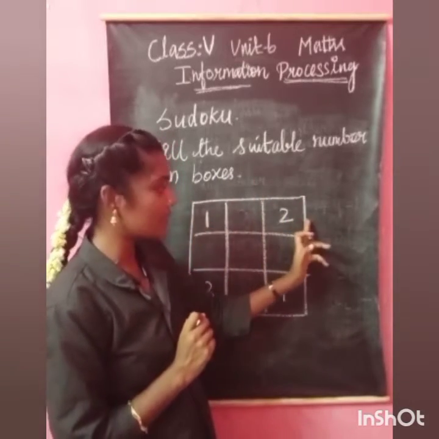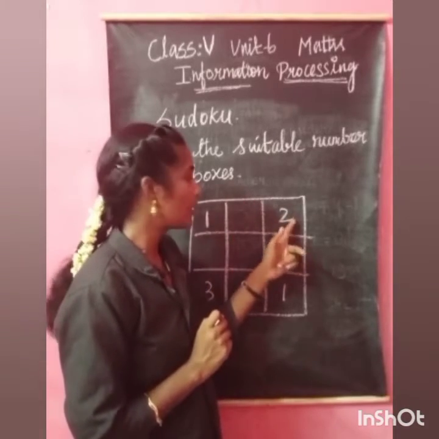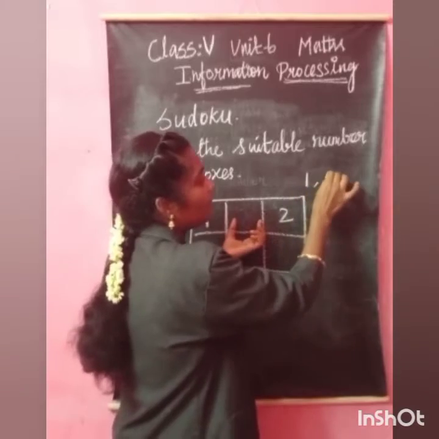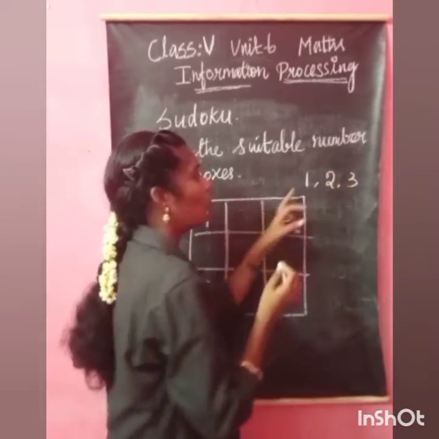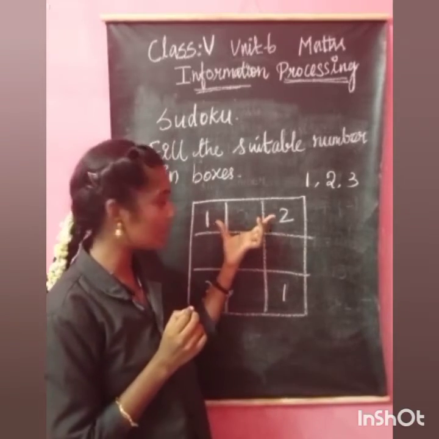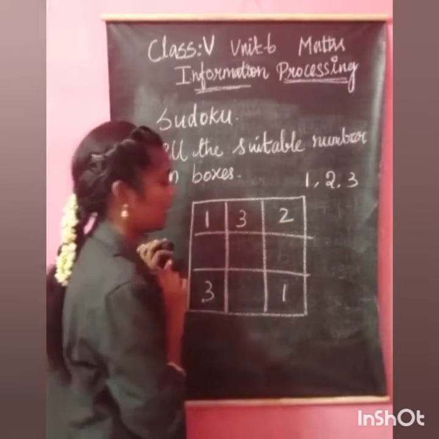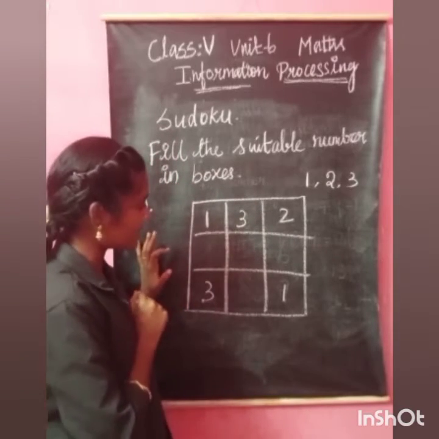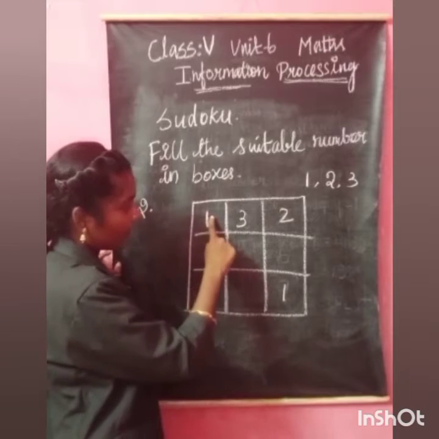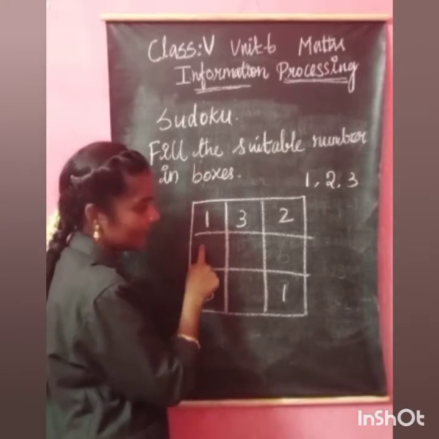See the first row, children. Here 1 and 2 are given. What is the missing number? We are using the numbers 1, 2, 3, so the missing number is 3. Next, see the first column. Here 1 and 3 are given. What is the missing number?